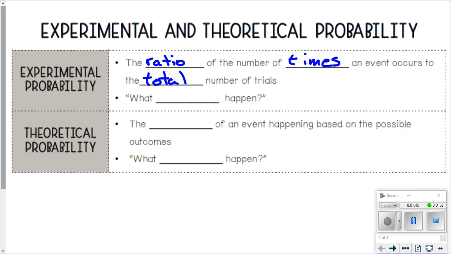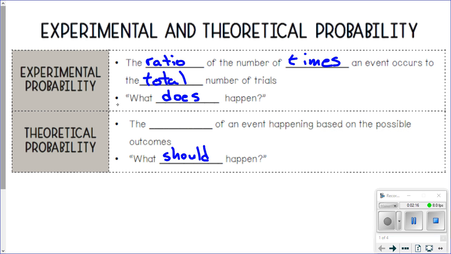So again, you're going to do an experiment, you're going to keep track of your data, and your experimental probability is going to be the ratio of how many times did an event occur, whatever it is that we're looking at, versus how many times did we do the experiment, what's the total number of trials. And what experimental probability tells you is what does happen. So it's not what should happen, but it's what actually does happen. Versus theoretical probability is what should happen.